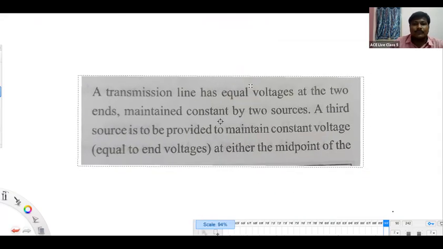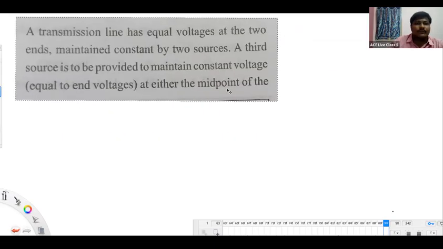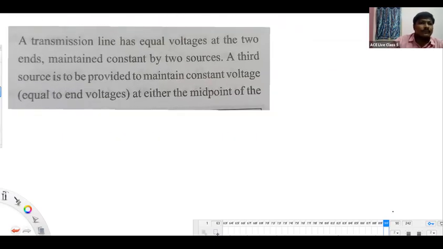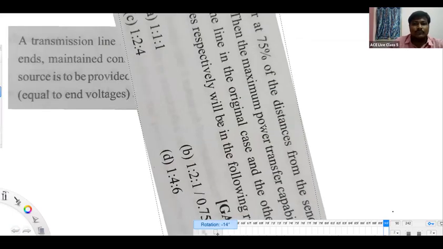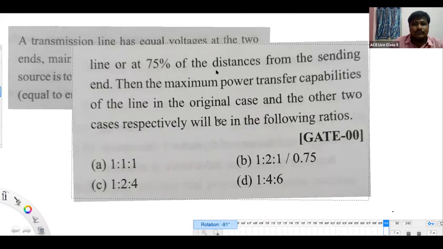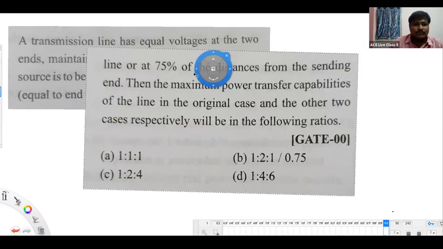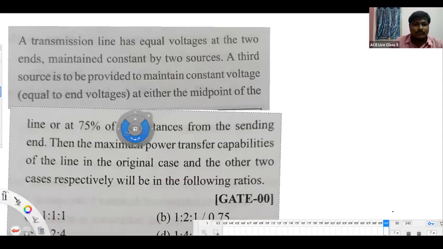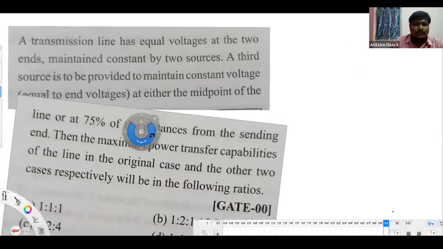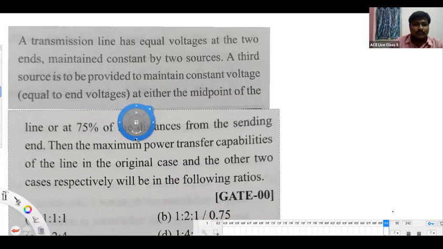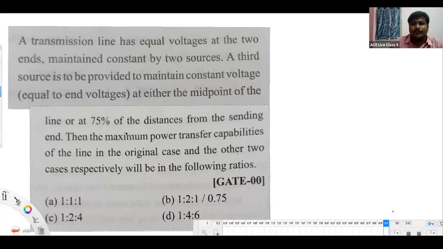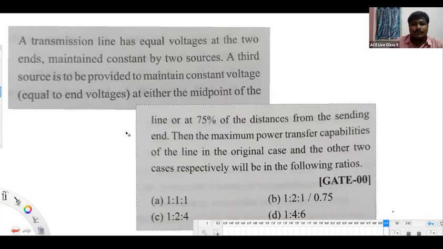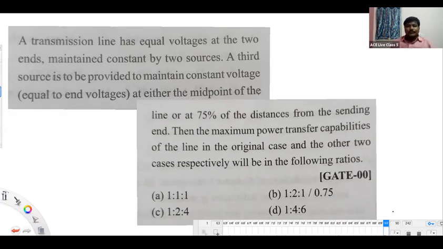A previous GATE examination question. Both of these questions are from the 2000 examination.